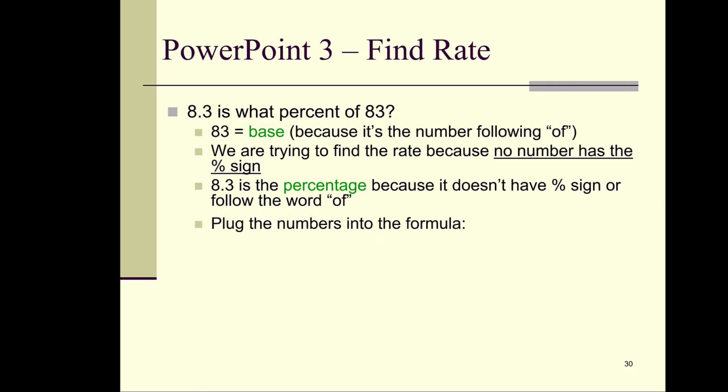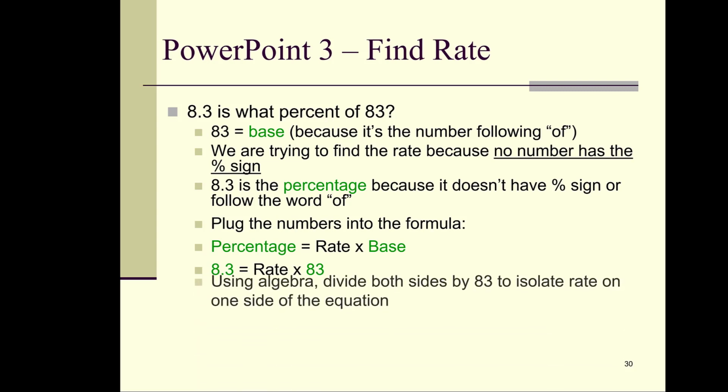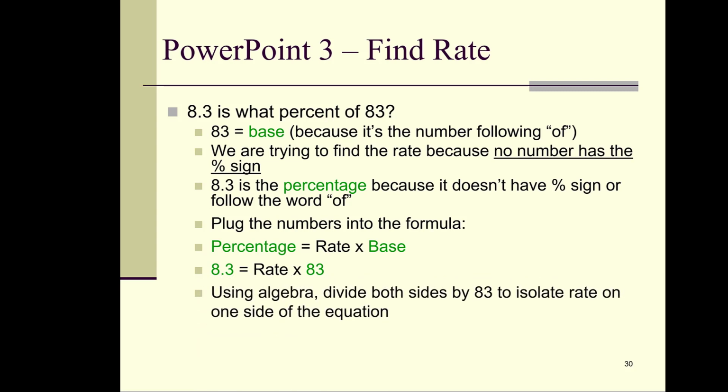So we plug the numbers into the formula. So we get 8.3 equals rate times 83. So using algebra, we'll divide both sides by 83 to isolate rate on one side of the equation. So the formula becomes 8.3 divided by 83 equals rate.